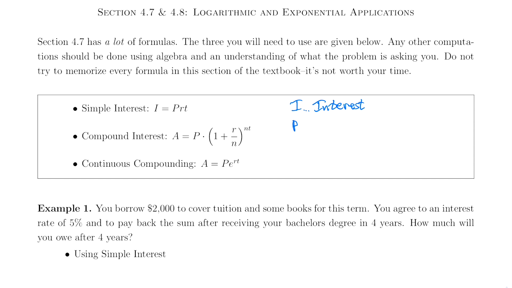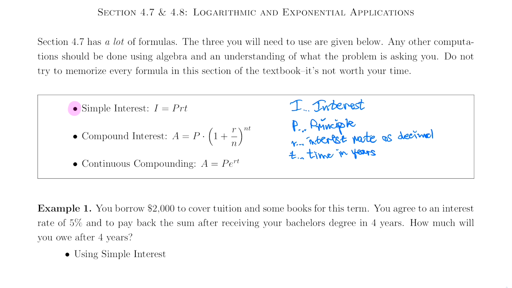So p stands for principal, which is the amount of money you either invest or borrow, and then r stands for the rate, the interest rate, and we write that always as decimal. And then t is the time in years. So that will cover our simple interest formula, I equals p times r times t.